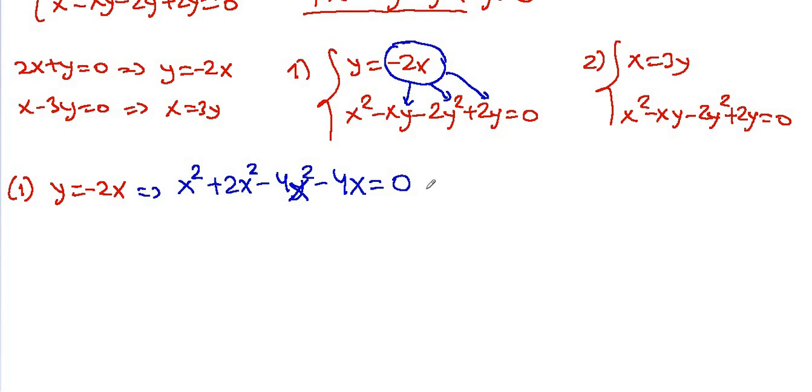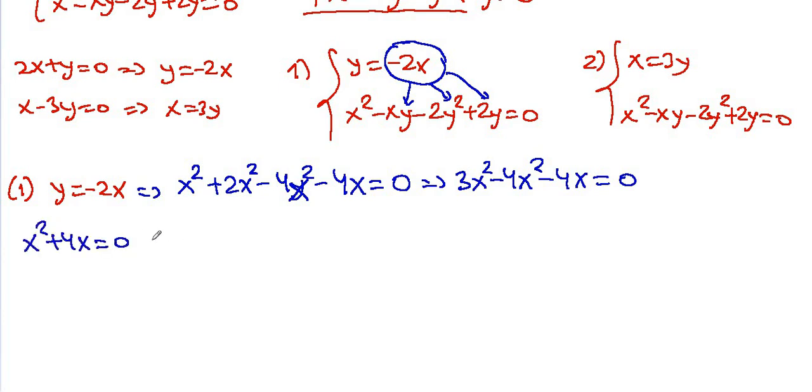So this is equivalent to 3x squared minus 4x squared minus 4x is equal to 0, and this is equivalent to x squared plus 4x is equal to 0. If I factor, then x times x plus 4 is equal to 0, so x is equal to 0 and x is equal to minus 4.